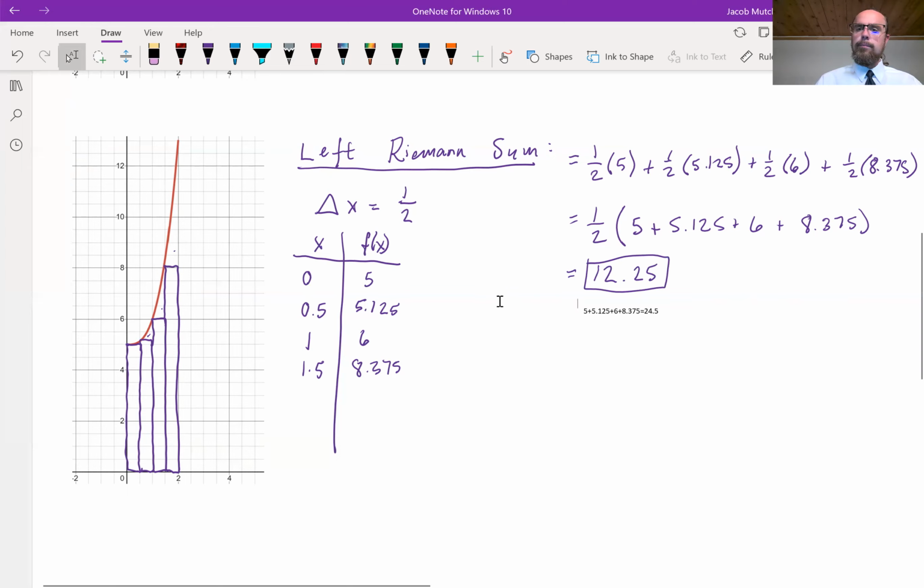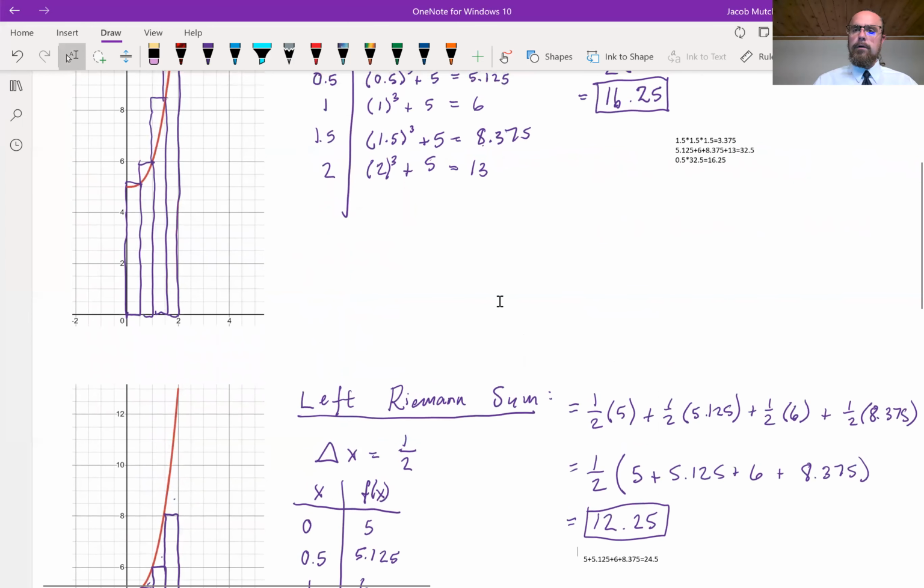So again, if we compare that to what we saw from our right Riemann sum, definitely we see a big difference. Definitely for this one, the right endpoint is an overestimate, and the left endpoint is an underestimate. And that gives us a good transition to the midpoint Riemann sum.